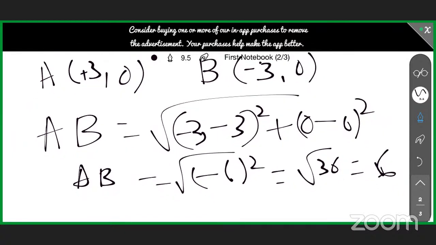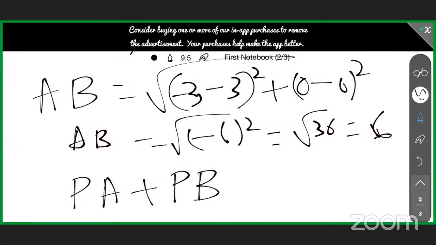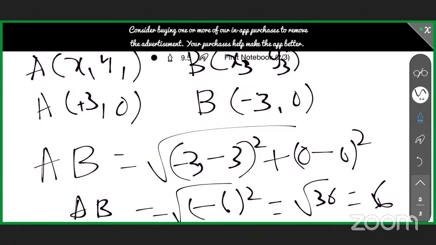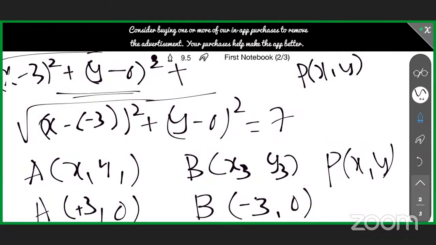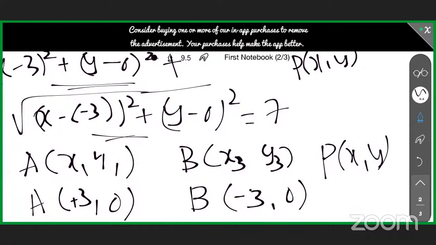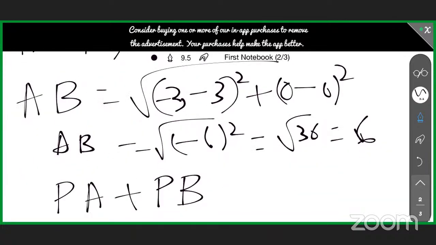See, the given equation is in the form of PA plus PB. That means distance. I am getting points A, B, and P(x, y). If I find the distance between P and A, I am getting this value, and if I find the distance between P and B, I am getting this value. So the given equation is in the form of PA plus PB is equal to 7.